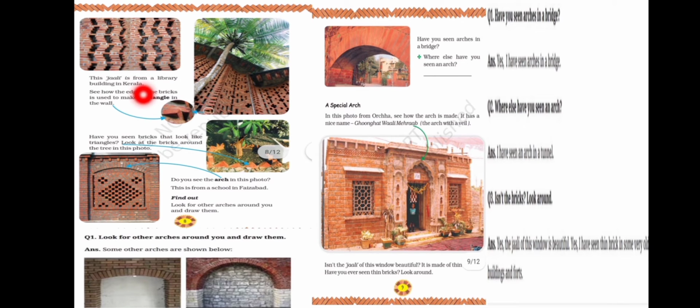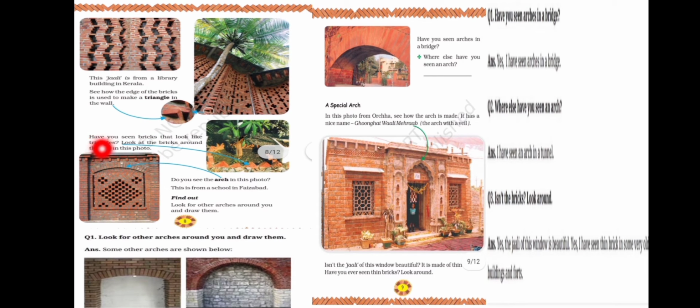That is a cuboid. And if we take it half, that is a triangle, then how many edges are in a triangle? There are 6 edges in a triangle. Okay. So for making a triangle design, the mason used 6 edges of a brick.